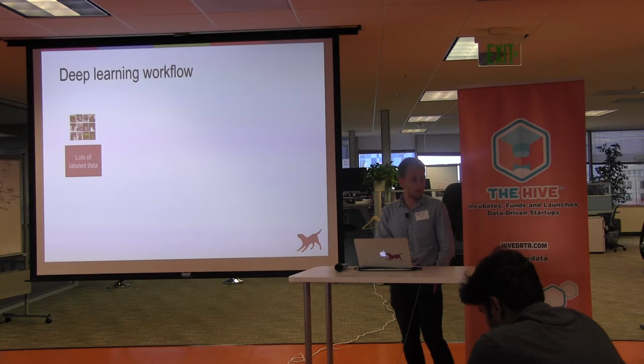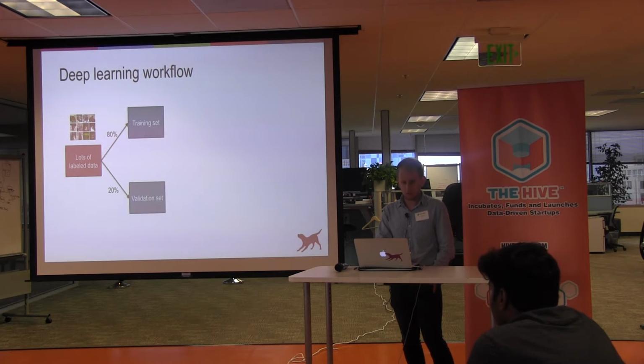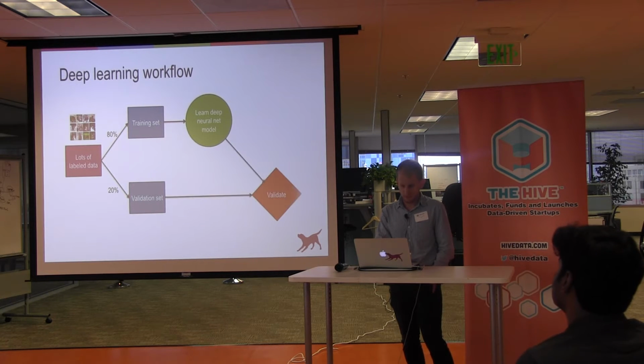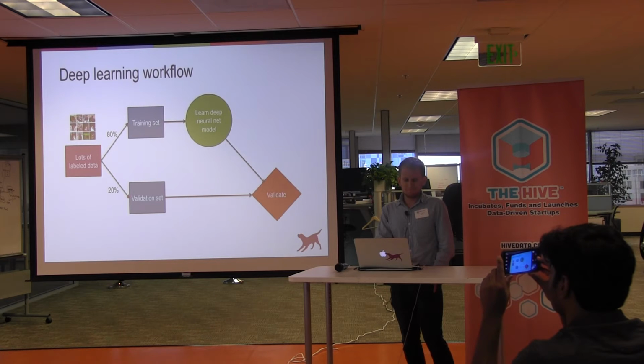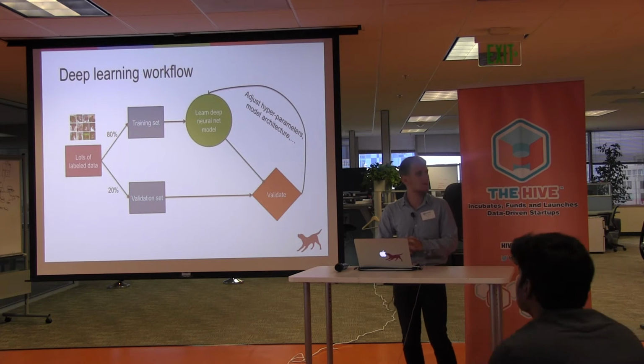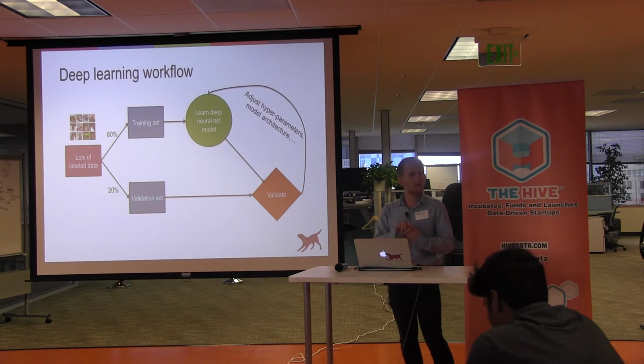But assuming that you have lots of label data, then you split things into a training set and a validation set. No surprises there. You learn some deep neural net model, still no surprises. And you validate it, and you're probably not very happy. These models are very finicky. You have to get just the right architecture.